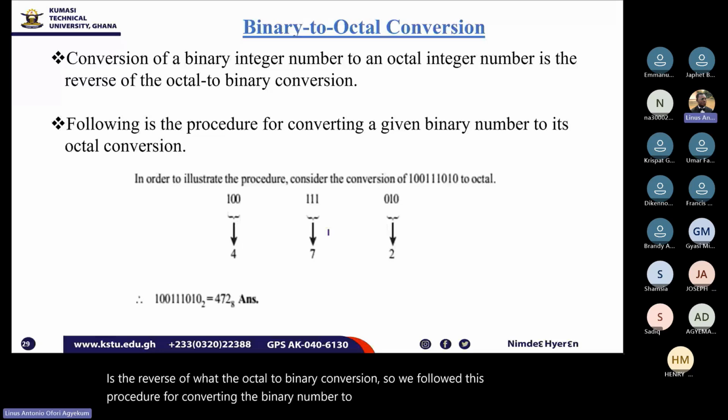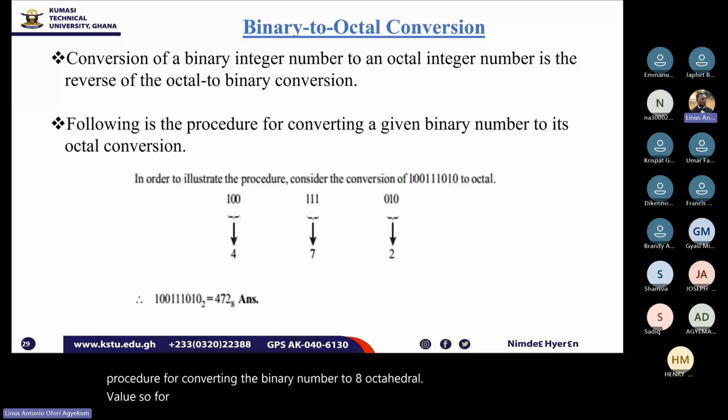For instance, having 100111010, since we want to convert it to octal, we group the bits into 3 bits each.